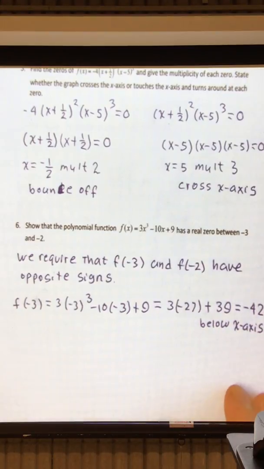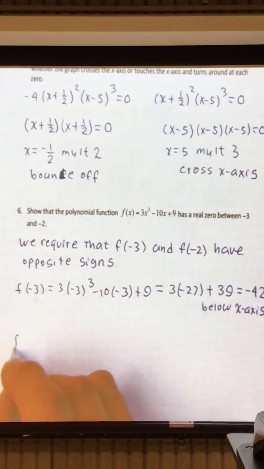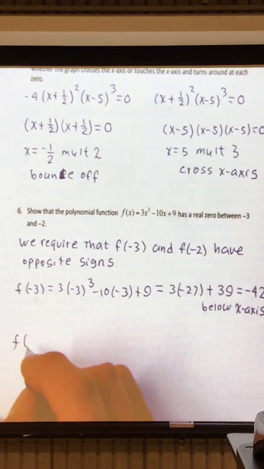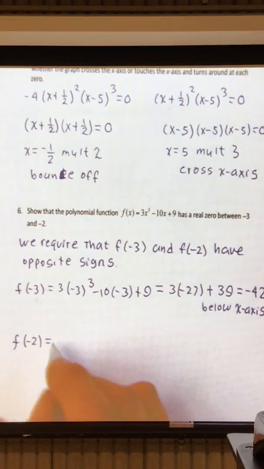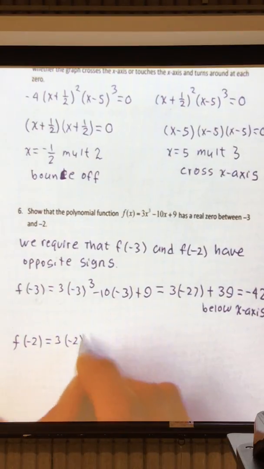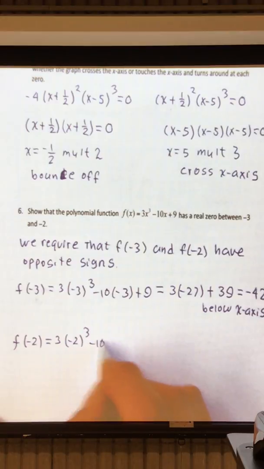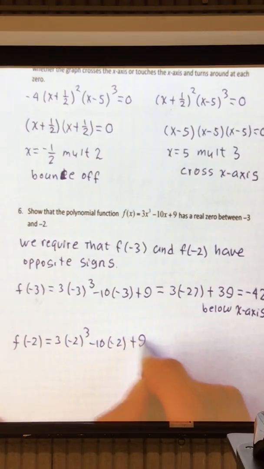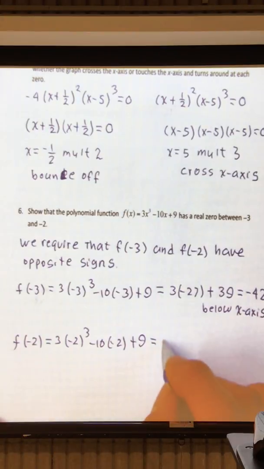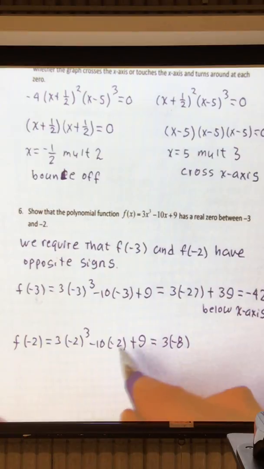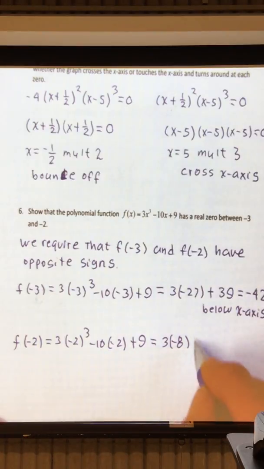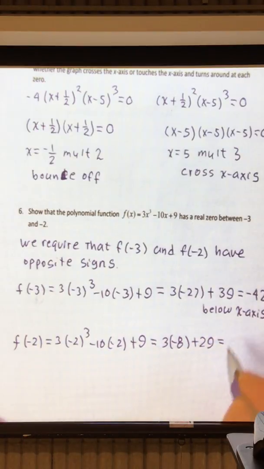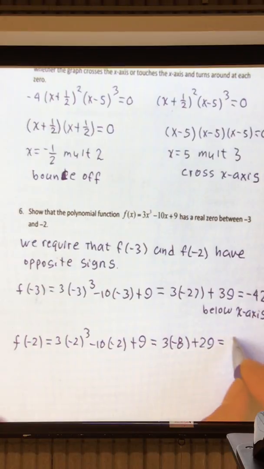We hope that the next y value is above the x-axis to guarantee it has a 0 in between. The y value at -2, substituting that into the function, plus 9, will give us 3 times -8 plus 20 plus 9, which results in 5.